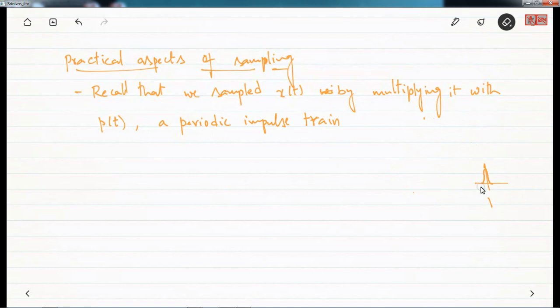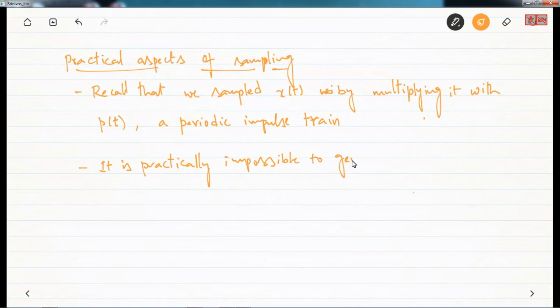We use them only for our mathematical analysis to understand the sampling theorem. It is practically impossible to generate and transmit unit impulses.